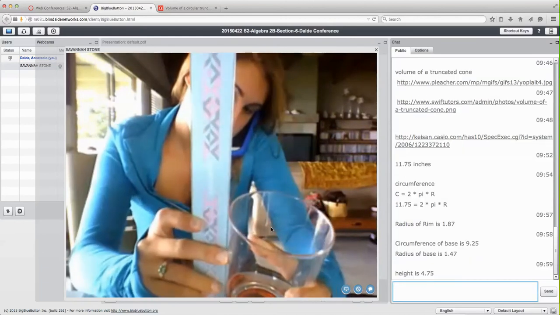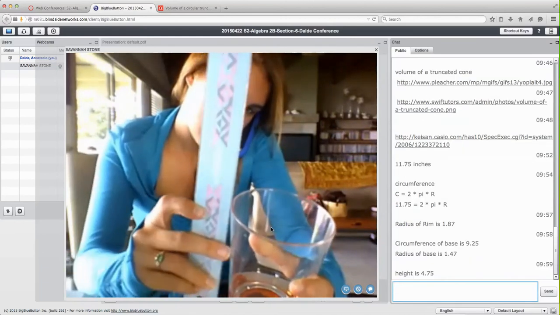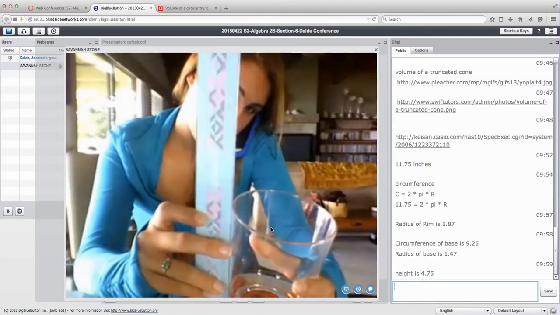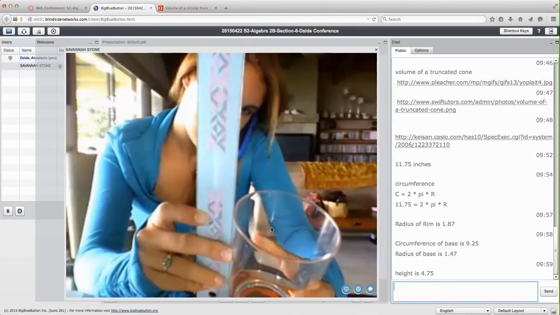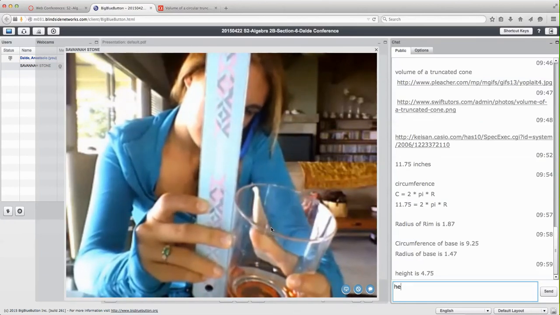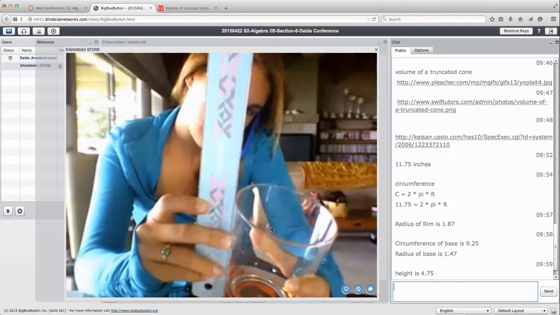That's along the edge, right? The edge. No, 4.5. Yeah. All right.